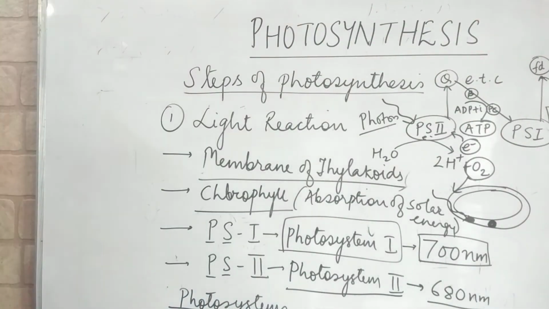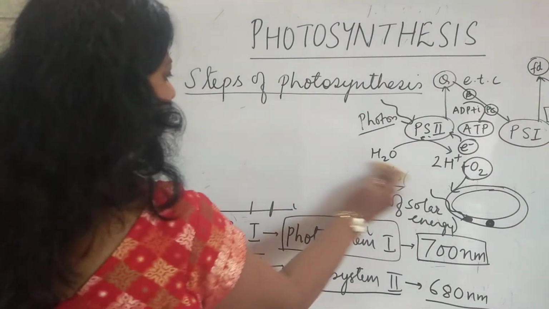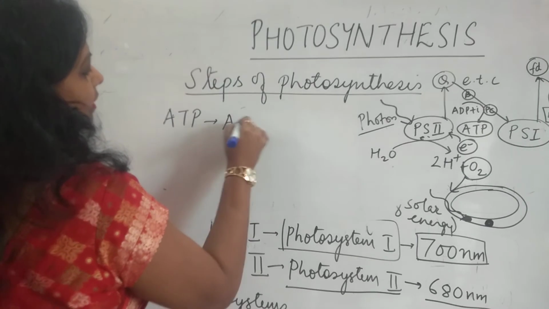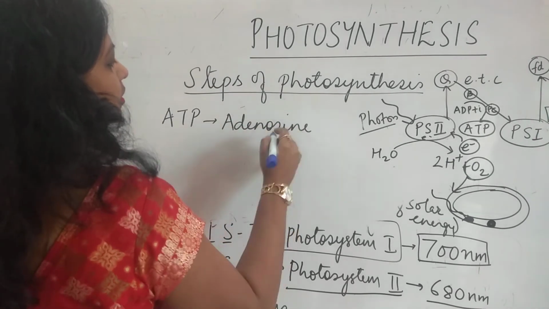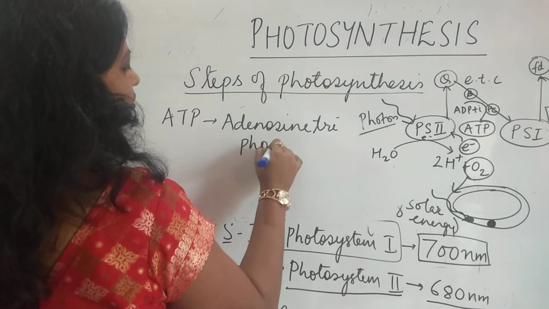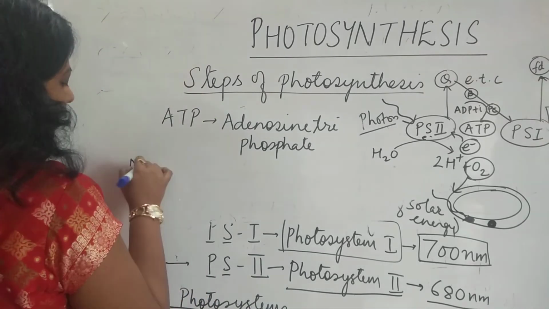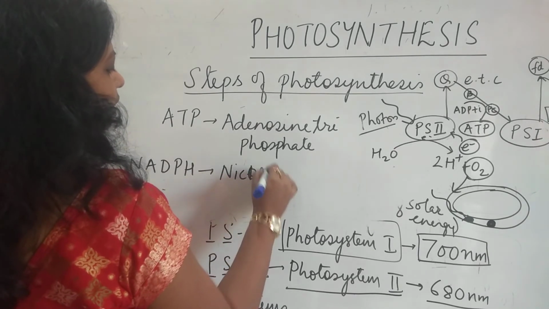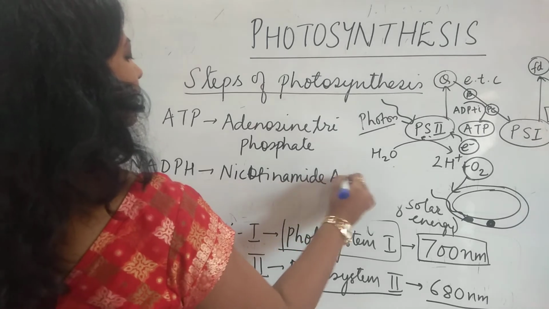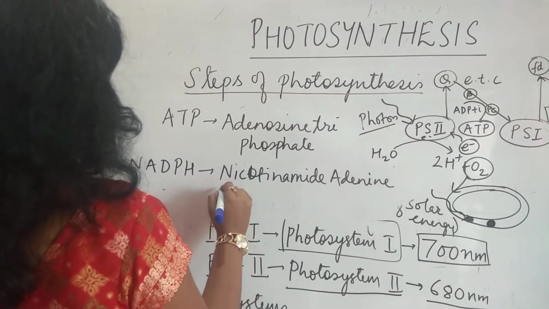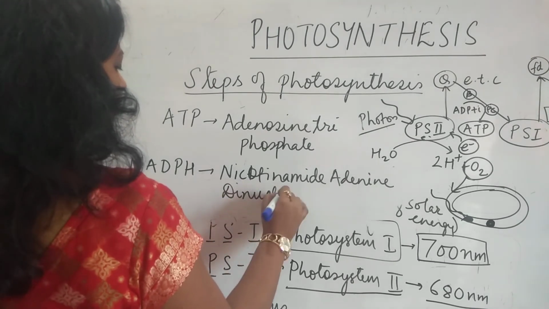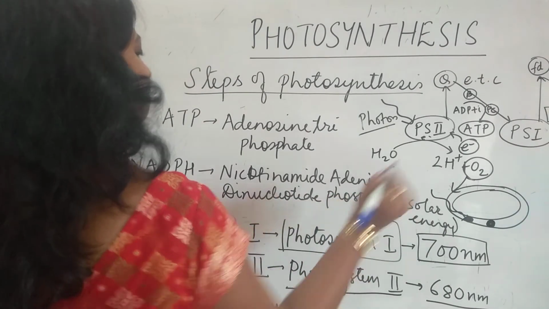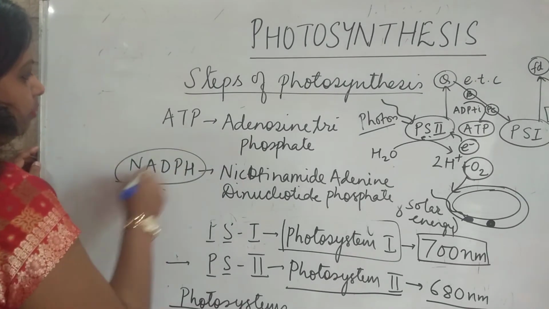Again, two molecules we have studied here. Two energy molecules: ATP, that is adenosine triphosphate, and NADPH, that is nicotinamide adenine dinucleotide phosphate, which will accept the electrons and will form the energy molecule.